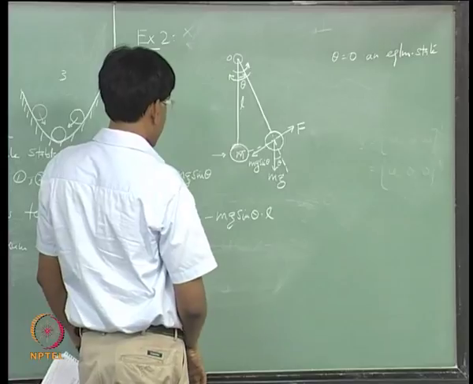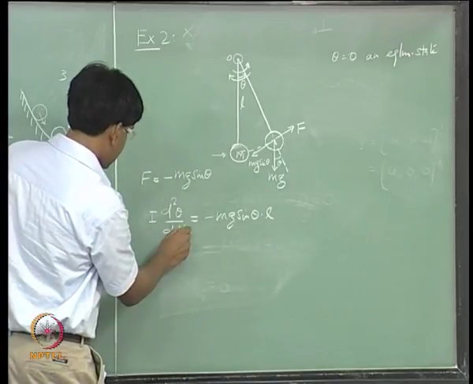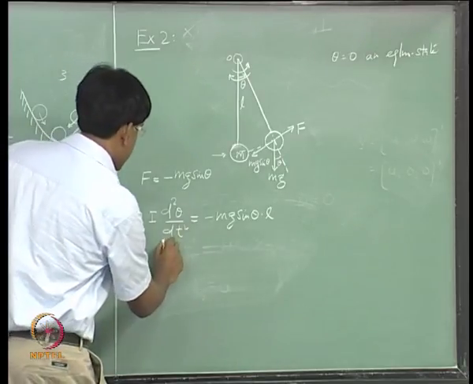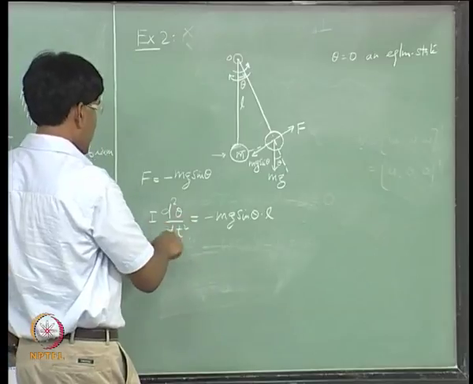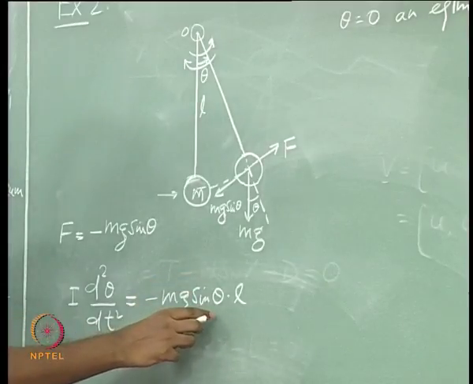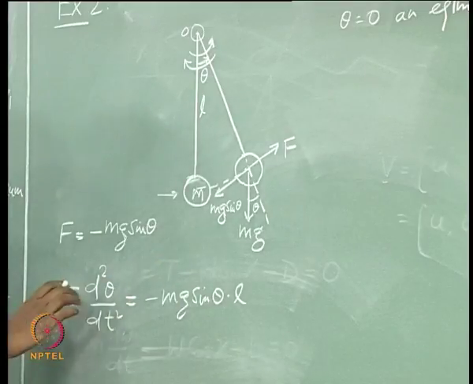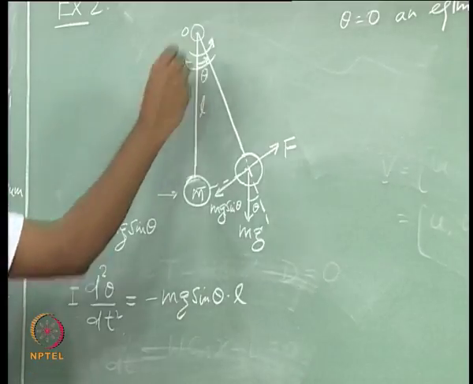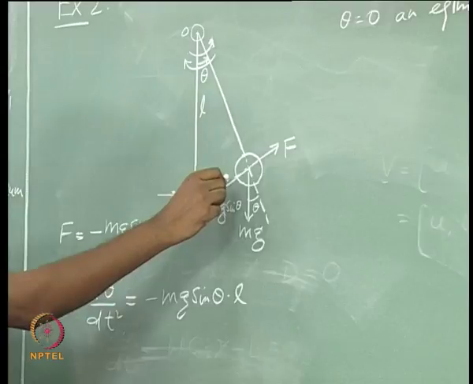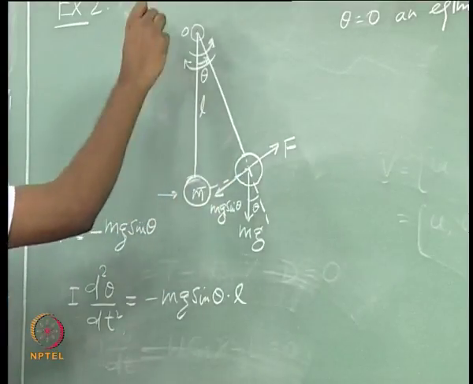So, here this is the positive acceleration and angular acceleration, and into I is giving the moment in this positive direction, which is balanced by this force mg sin theta into L in the negative direction.